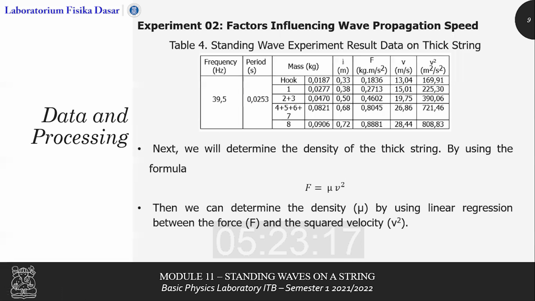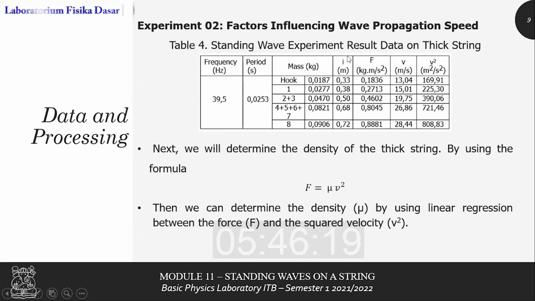Okay, and then we go on to experiment 2, factors influencing wave propagation speed. This is the table for standing wave experimental source data on the thick string. We measure the frequency and then calculate the period, which is 1 over the frequency. For the mass, we use table 2.